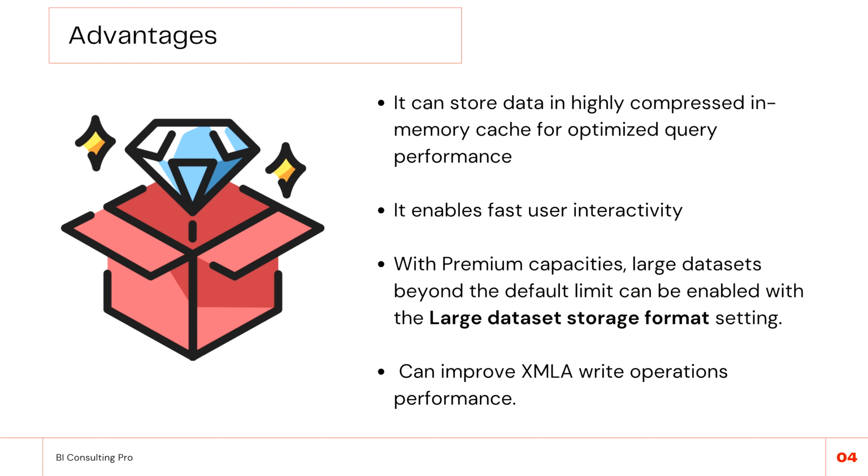With Premium capacities, large datasets beyond the default limit can be enabled with the large dataset storage format setting. Large datasets can be enabled for all Premium P SKUs, stock keeping units, embedded A SKUs, and with Premium Per User.